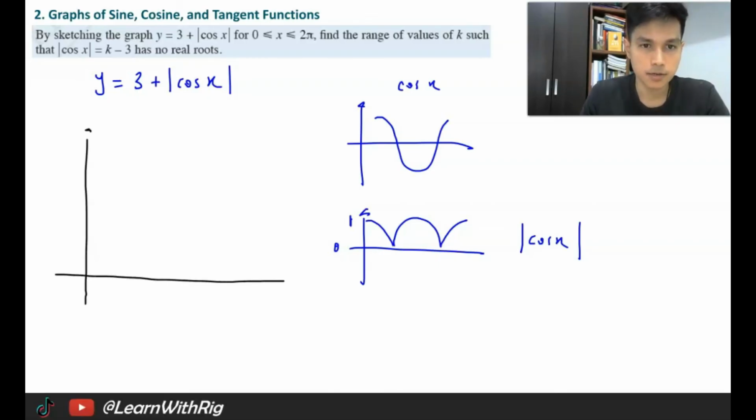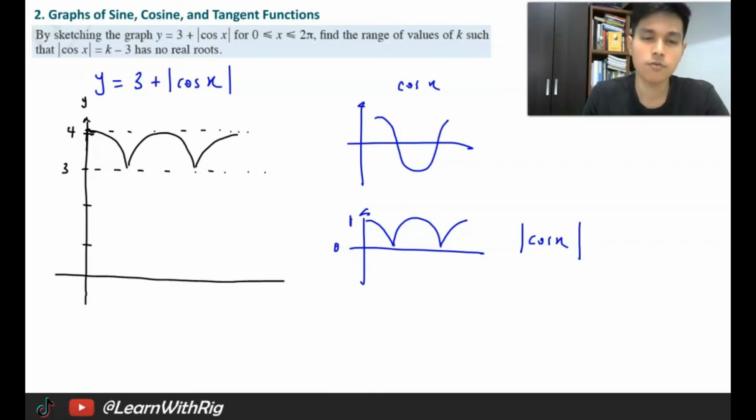Let's say 1, 2, 3 and 4. 4 is up here, this is 4, this is 3. So now it looks like this. This is the 4.